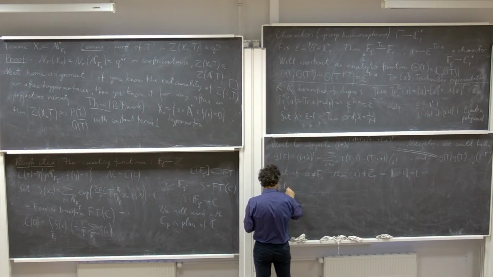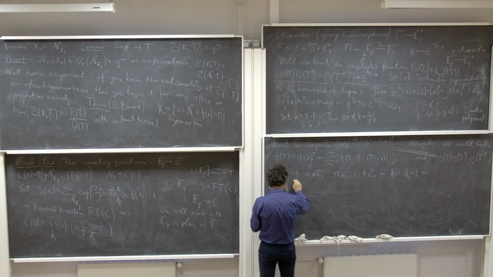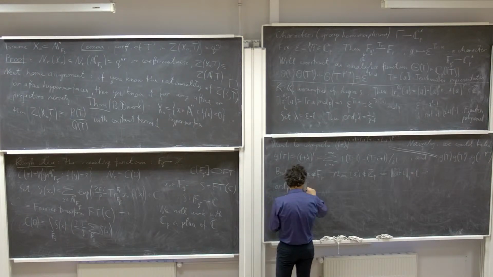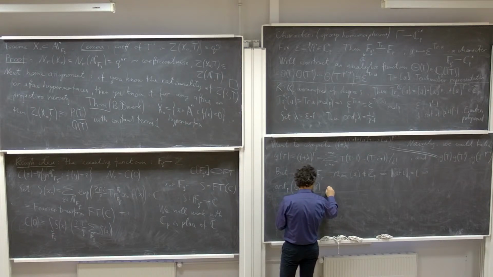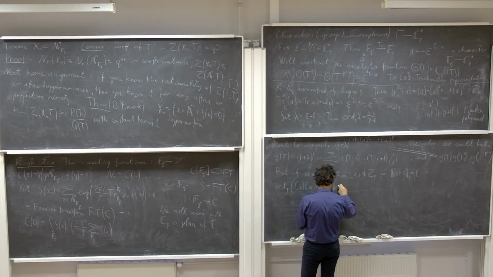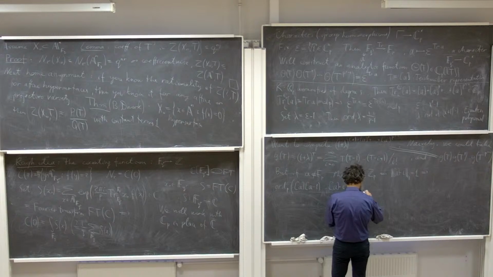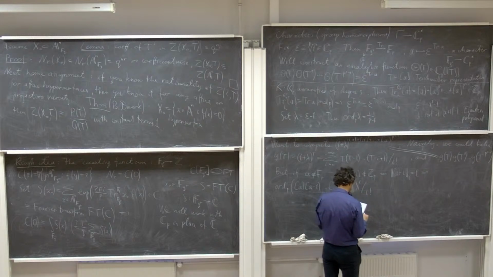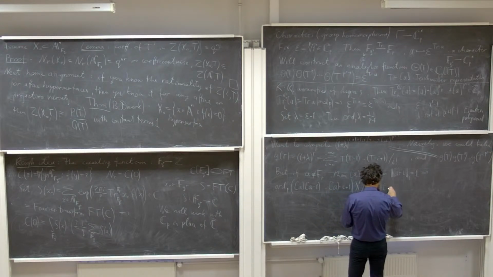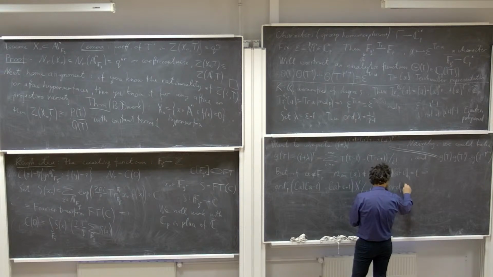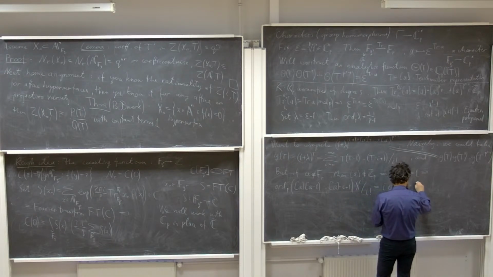And hence it implies that the order of A times A minus 1 and so on, A minus i plus 1, and also lambda to the power i over i factorial, is i times the order of lambda minus the order of i factorial.